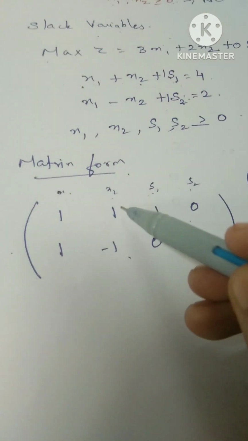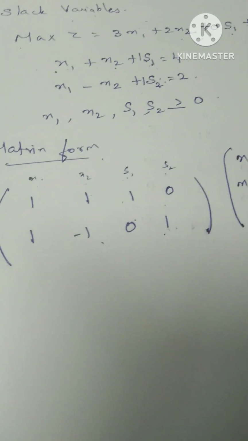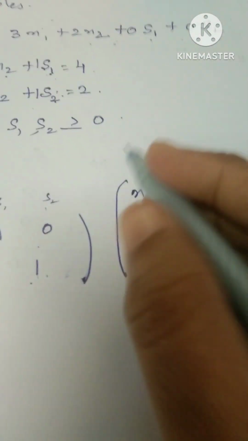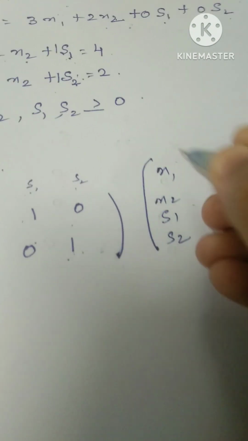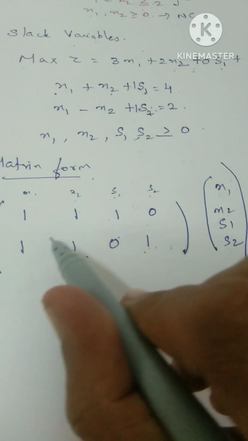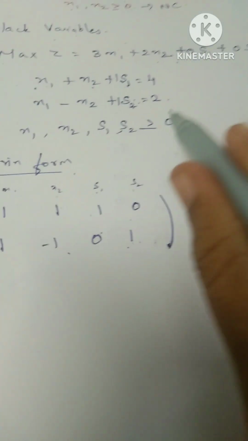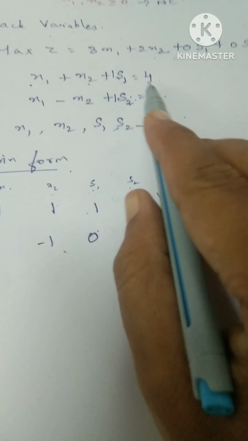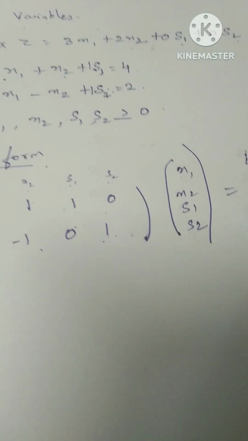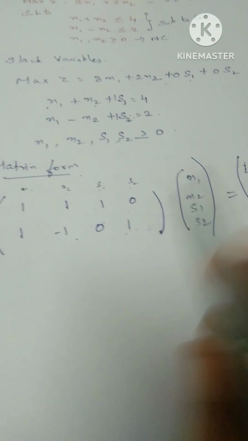This set of coefficients is multiplied with the variables x1, x2, s1 and s2. If I multiply, I am going to receive the right-hand side values, that is, after the equals sign, 4 and 2. So this is the matrix form.